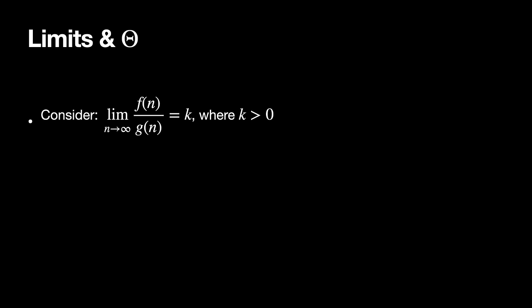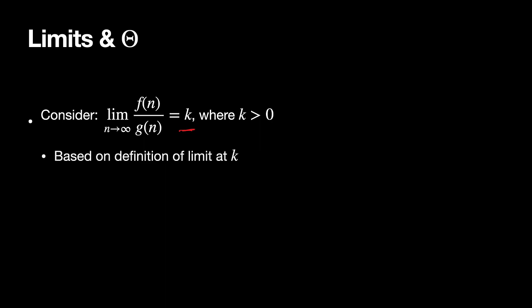Okay, so now let's think about limits and how they relate to big theta. So this time we'll consider what happens when the limit happens to be a constant k, when k is greater than 0, so some positive constant.